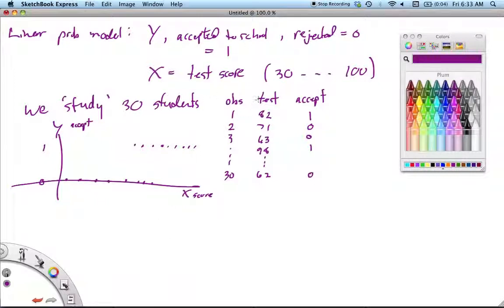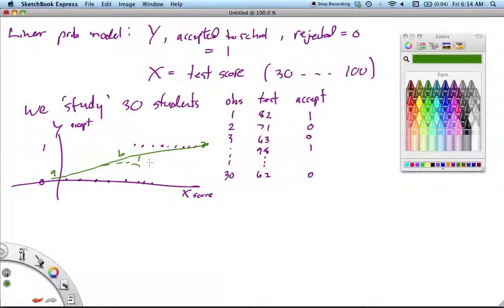A reasonable thing to do, if you're familiar with this kind of situation, is a linear regression. You would get some kind of line like this that has some kind of intercept and some kind of slope. Rise over run. This is the slope.